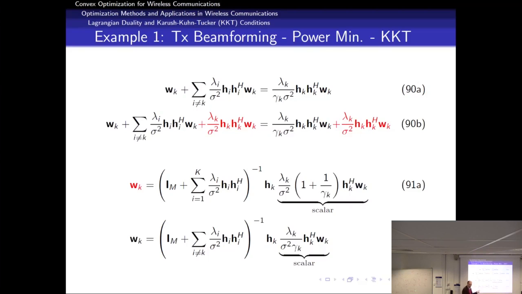Remember in the MMSE receiver, I gave you multiple alternative ways of writing it, right? We had option 1 and option 2. Option 1 was a function of all the terms, the interference plus the intended signals. This is what we have here. I have the user k channel and also all the interference. And here I have the other alternative where I have all the interference only. I don't have the intended signal. So you can really relate this a little bit to the MMSE receiver that we looked at, even though this is the transmitter side, but there are some similarities between those two expressions.